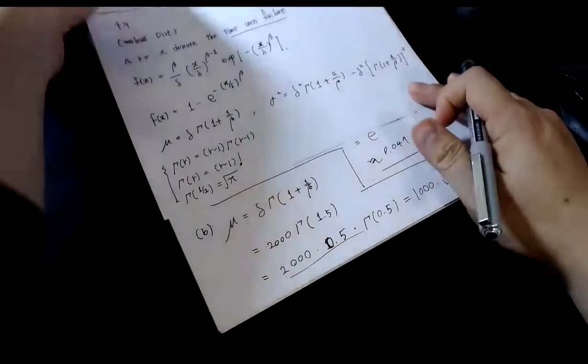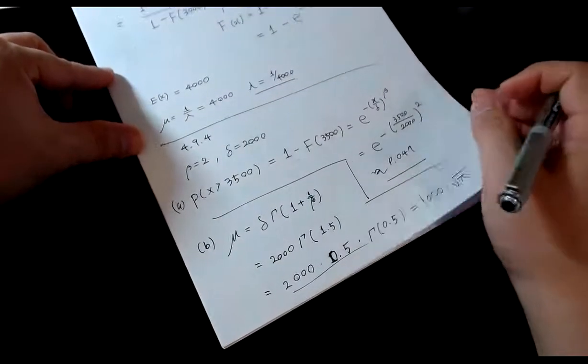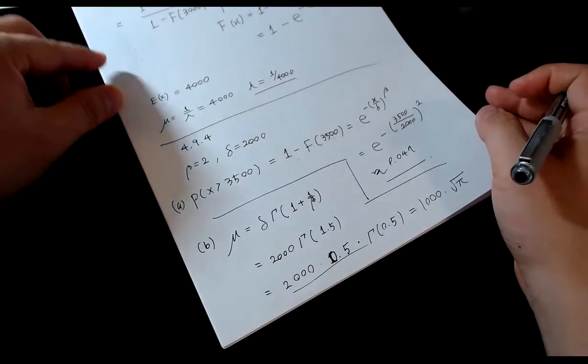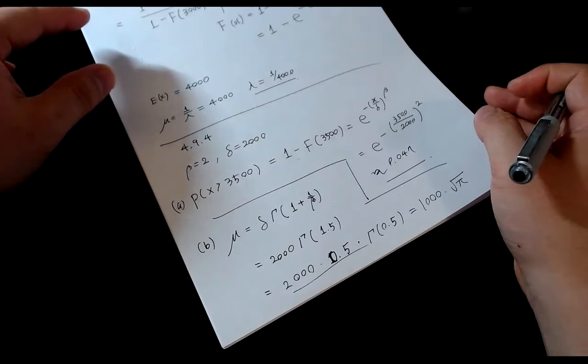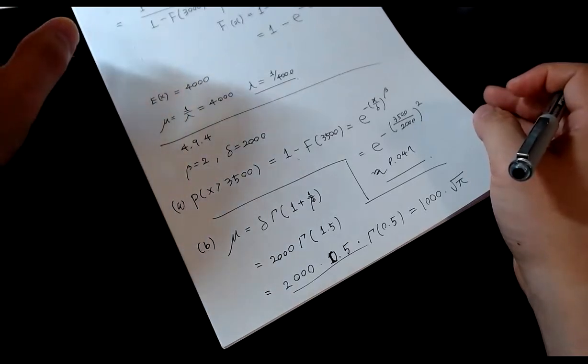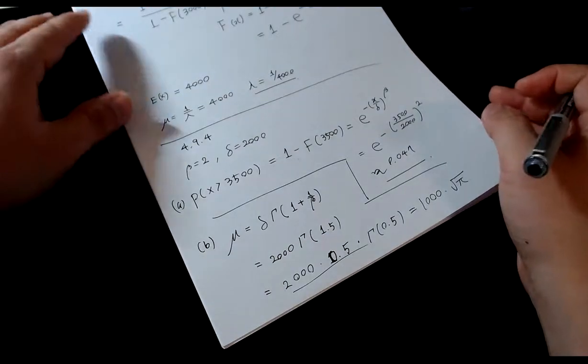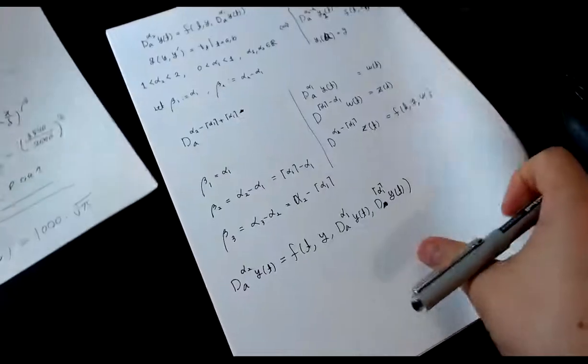So that's the expected value of the Weibull distribution. And the problem says that the exponential random variable has the same mean as the Weibull distribution.